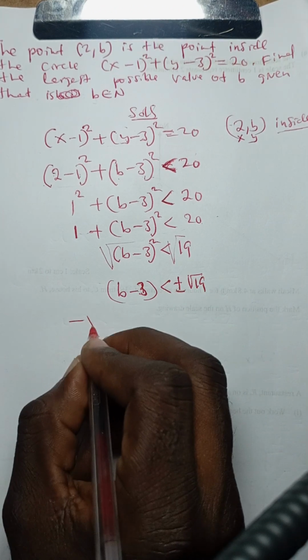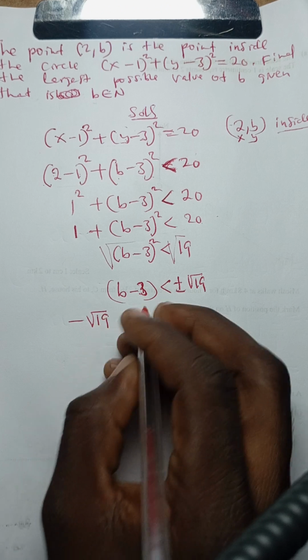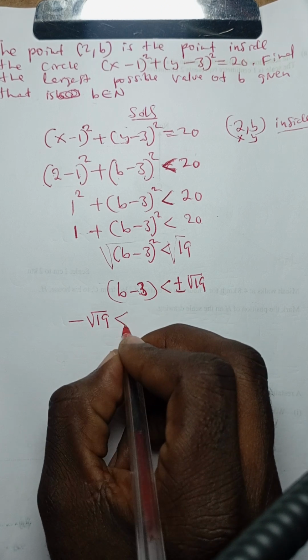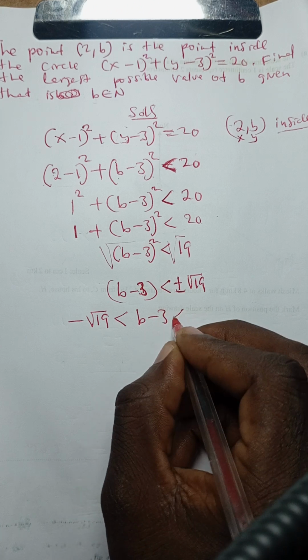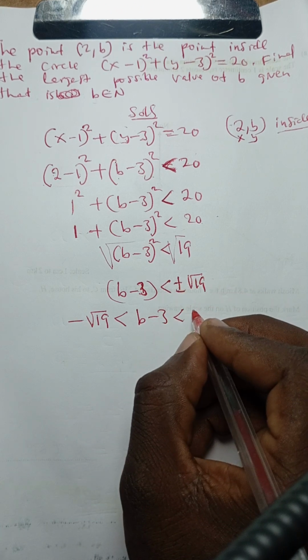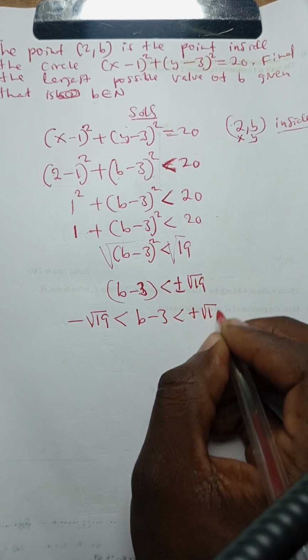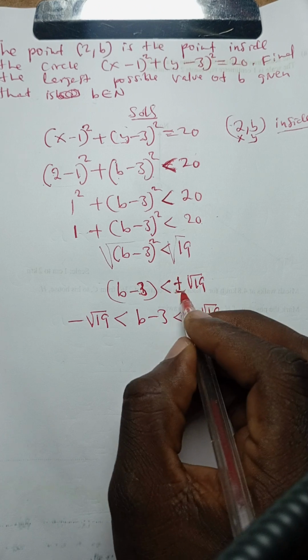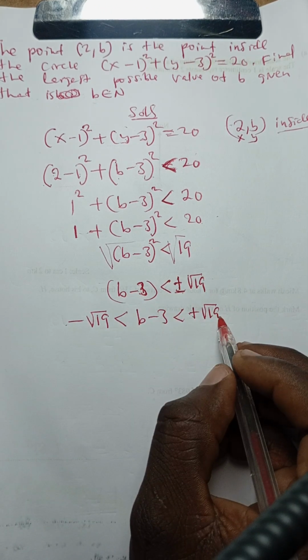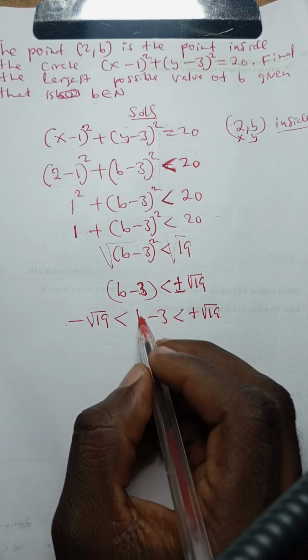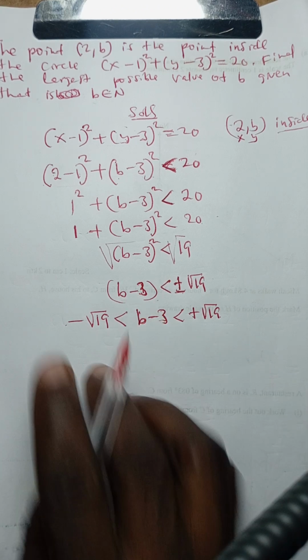So you can present this as: negative root 19 less than b − 3 less than root 19, because the square root of any number is positive and negative. The negative one goes on this side, the positive one on the other side, then b − 3 in the middle.